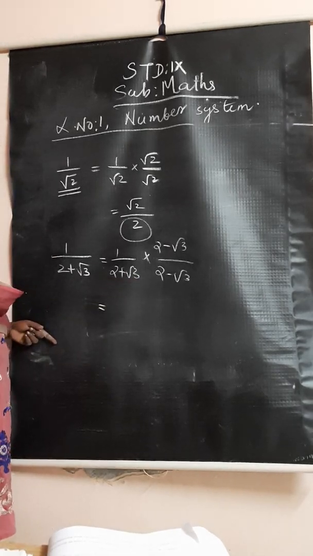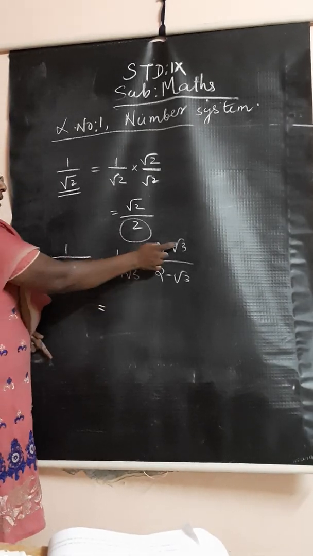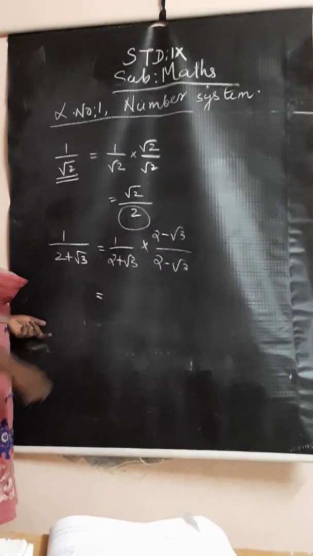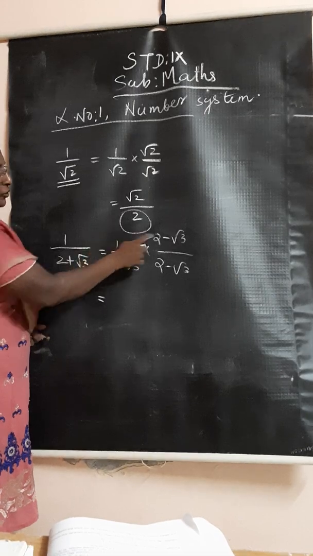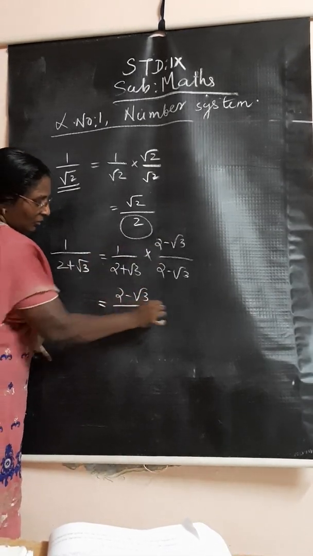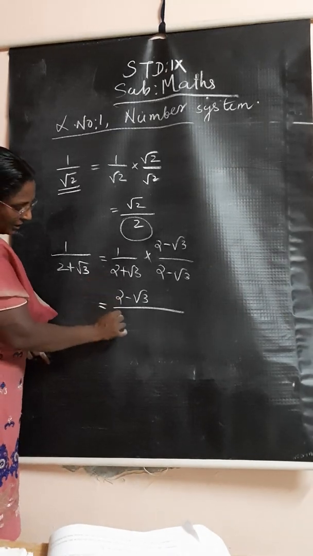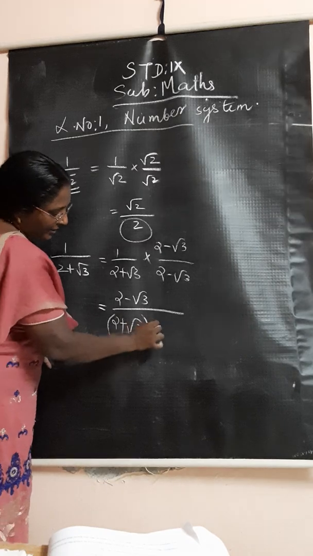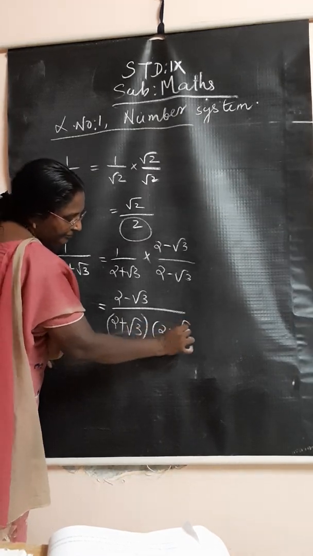Whatever the rationalizing factor is, you should multiply numerator and denominator together, otherwise the value will change. Numerator: 1 into 2 minus root 3 is 2 minus root 3. Denominator: 2 plus root 3 into 2 minus root 3.